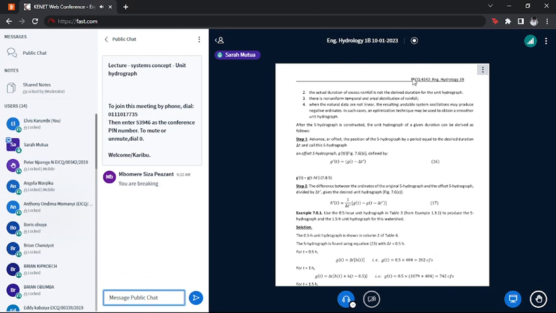Another reason why we are going to have a not smooth curve is if the actual duration of excess rainfall is not the derived duration for the unit hydrograph. And is that possible? Yes, it is. And I will give an example.